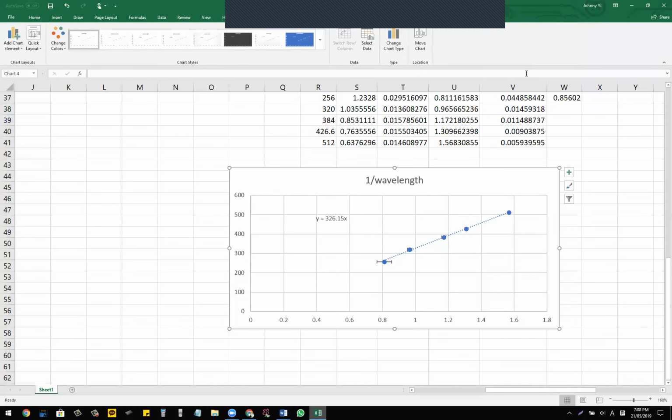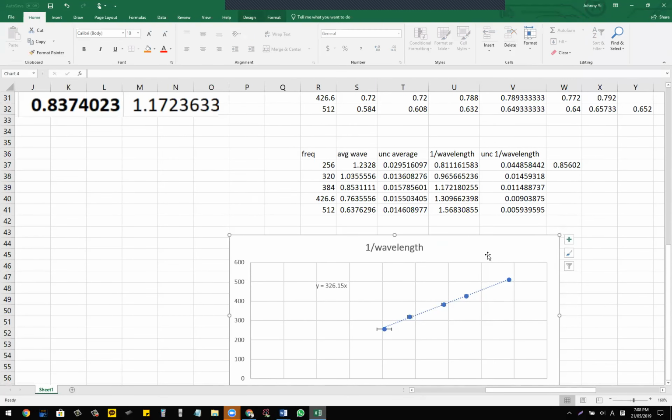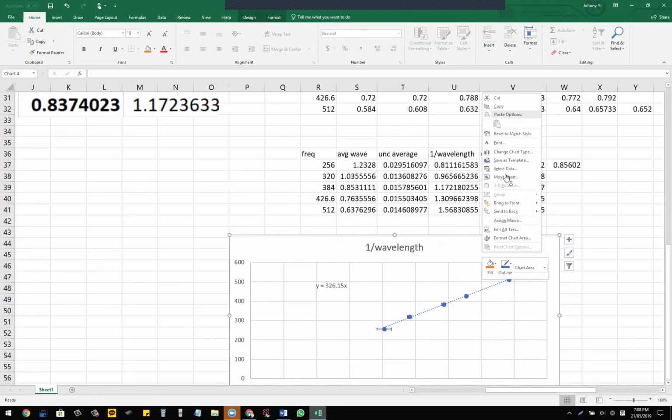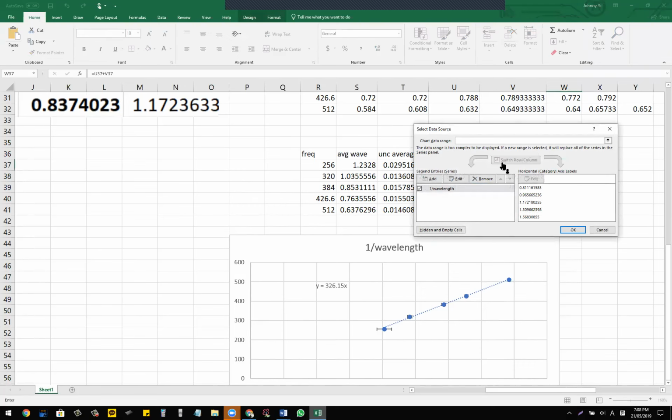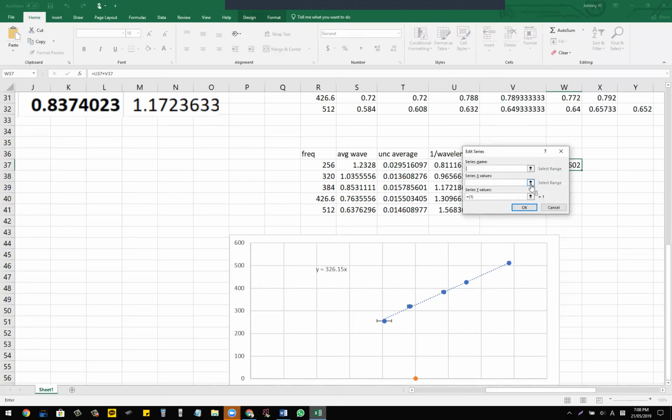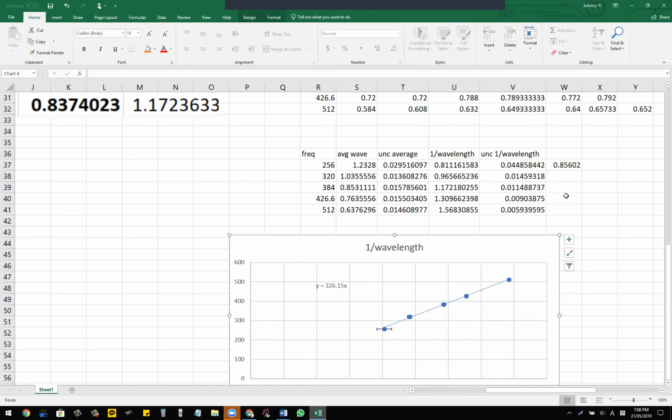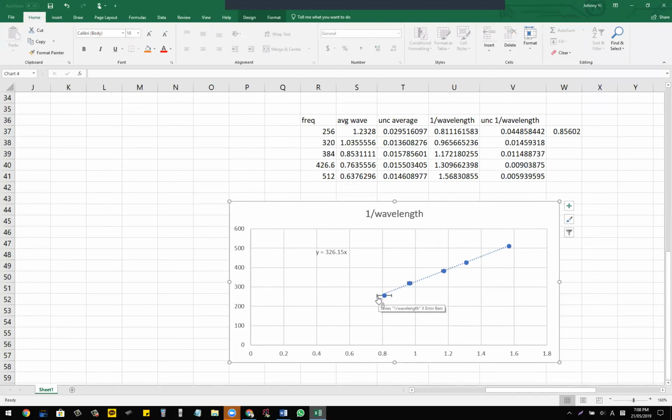Yeah, okay, sure. So what I'll do is I'm going to go here, click, and then select data, and then add data. And what you are doing is basically, so you want to do that point, which is that one and that one.